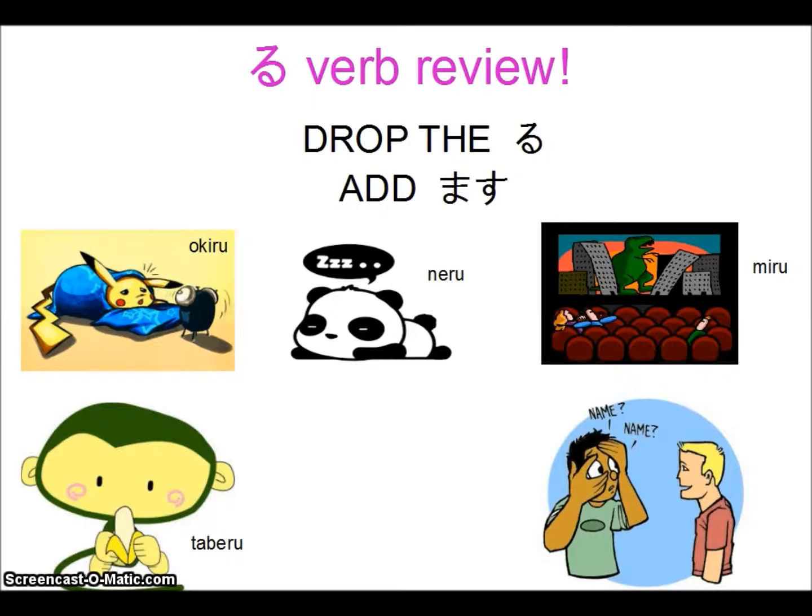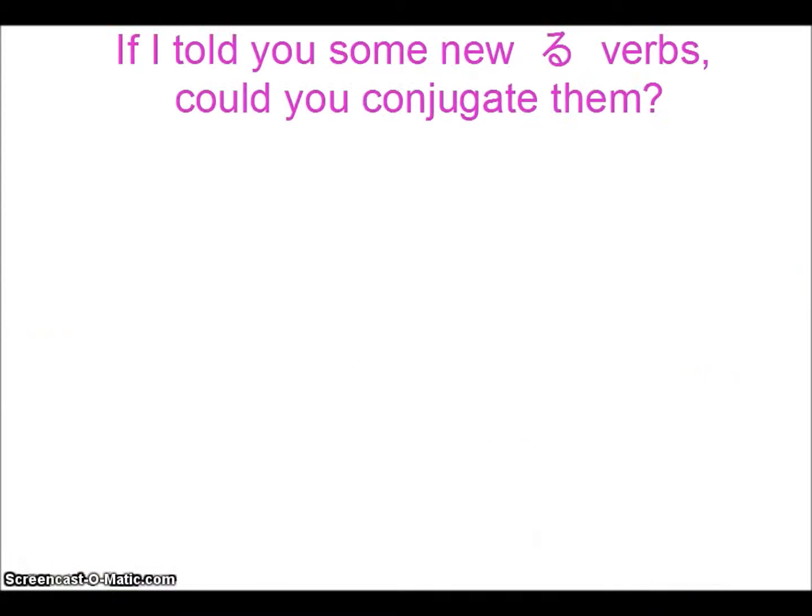And finally, we have this one, which we didn't work with as much, but it's wasureru, to forget. So in its full form, it'd be wasuremasu. So if I gave you some new ru verbs, would you be able to conjugate them using those rules that we talked about?